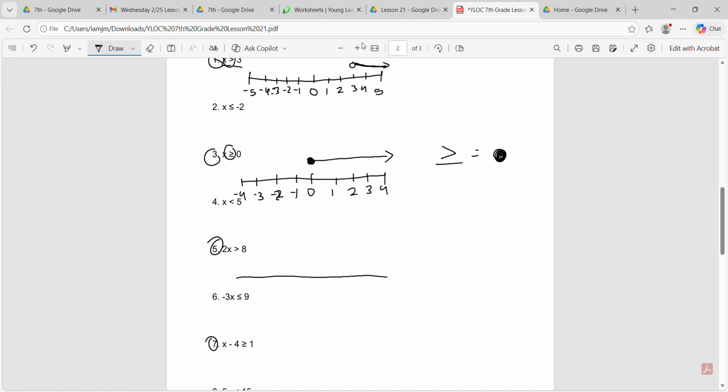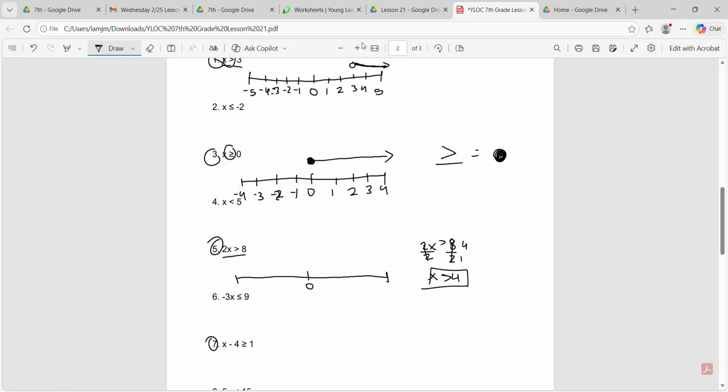2x is greater than 8. To plot this on the number line, we'll have to solve it. We'll have to get x. 2x is greater than 8. Divide both sides by 2, and x is greater than 4.